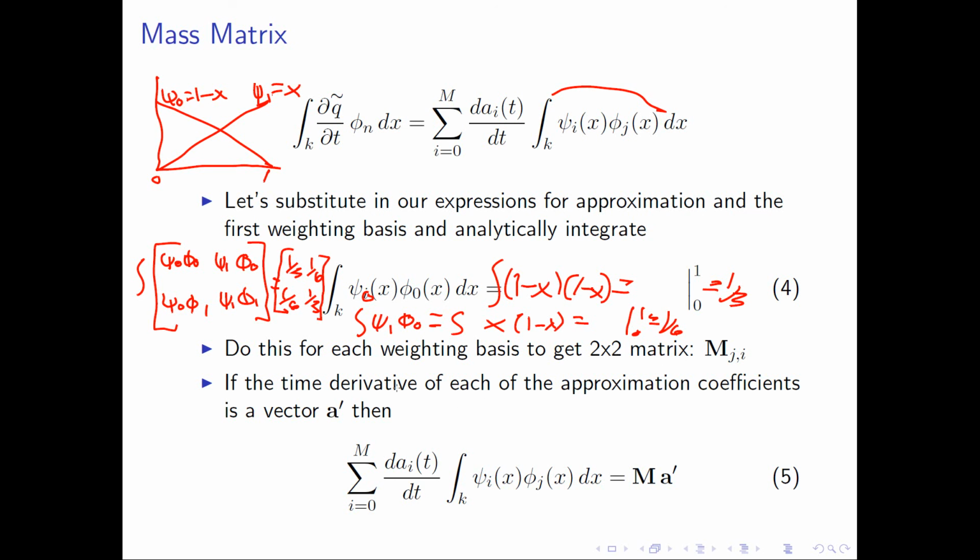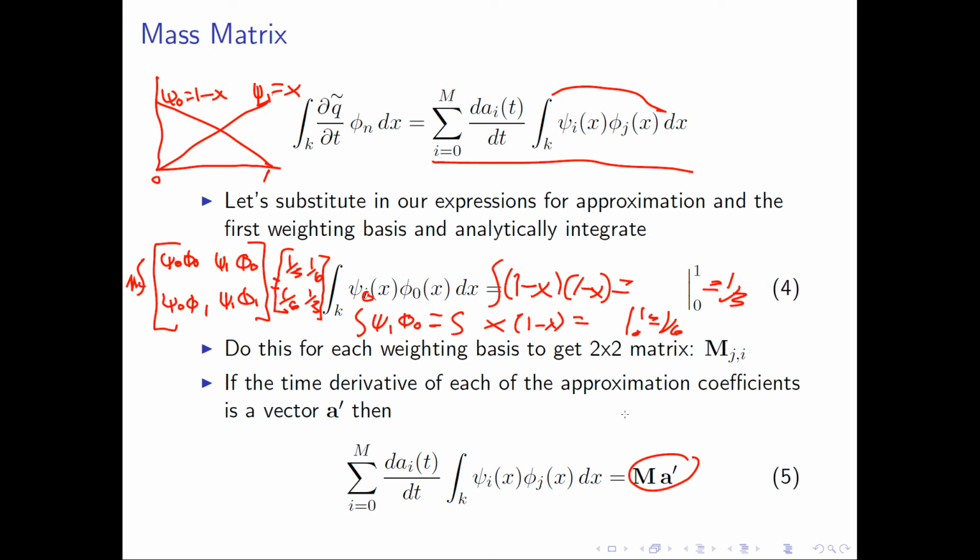So if the time derivative of each of the approximation coefficients, we put in a vector now, call it A prime, so that it's a little bit easier to represent notationally. And this is our mass matrix here. Then we can very succinctly write this whole shebang as just simply this.